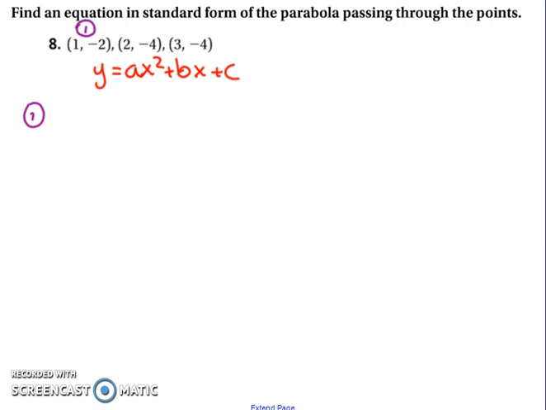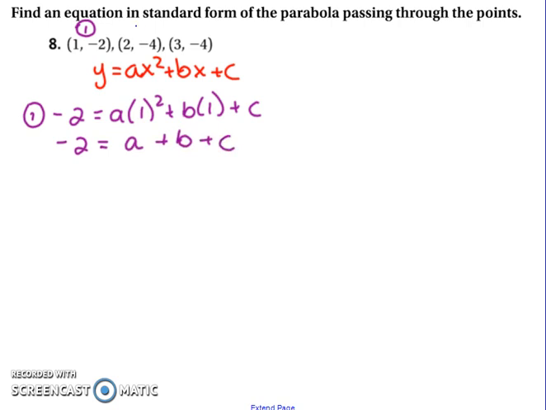So we're going to plug in a 1 for x and a negative 2 for y. And we're going to keep a, b, and c the way that they are. So instead of y, I'm going to plug in negative 2. And then I have ax squared plus bx plus c. So now I have 1 squared is just 1 times a is a, b times 1 is b, and then c is c.